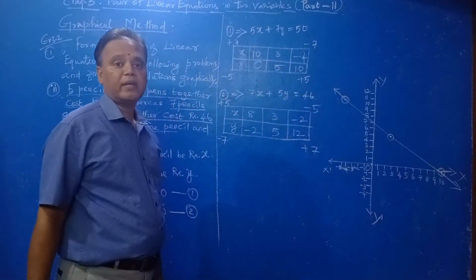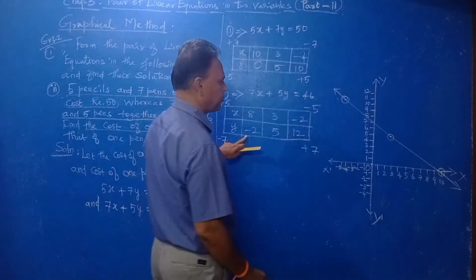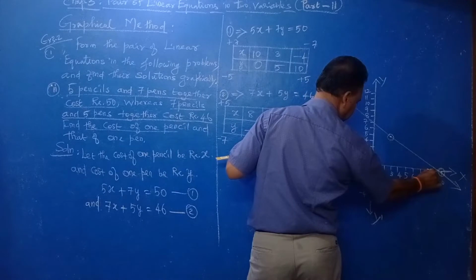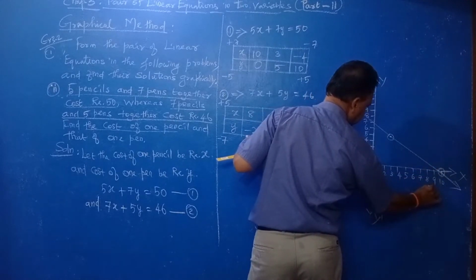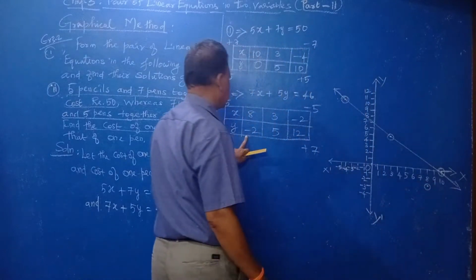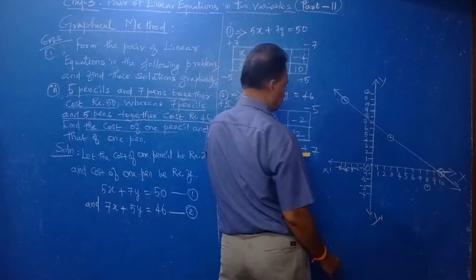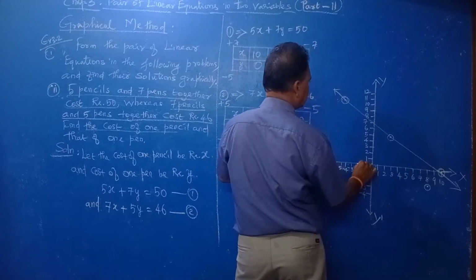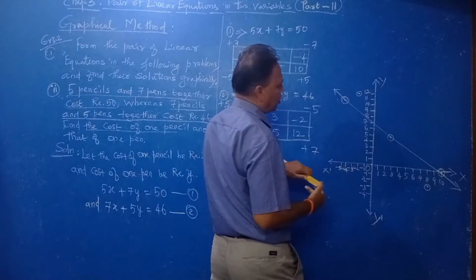Next, the second equation's points you plot. 8, minus 2: 8 is here, minus 2 here, approximate. Then 3, 5, same. Then minus 2, 12: minus 2 here, 12 here. Now join these 3 points.